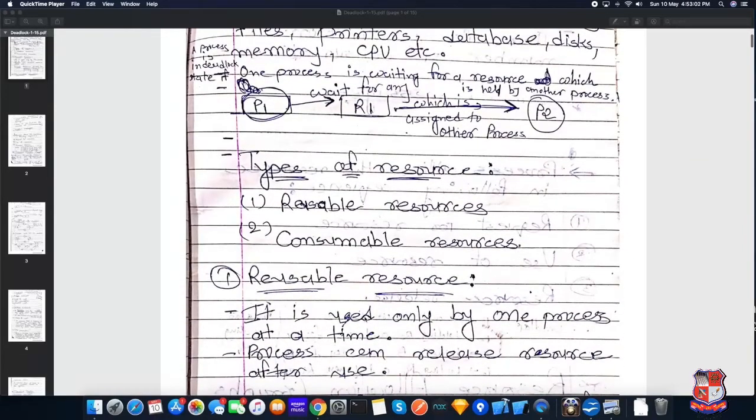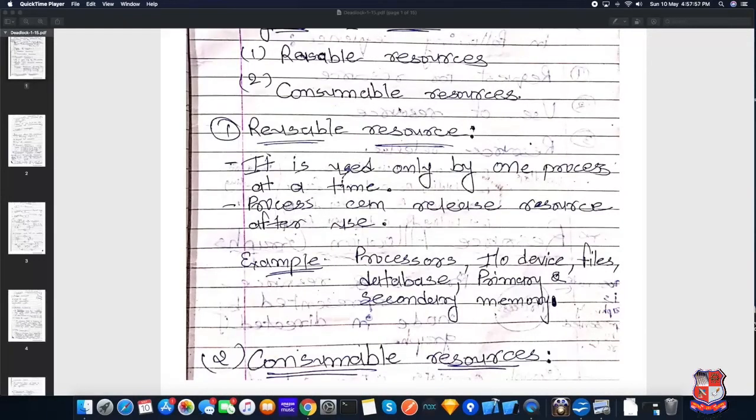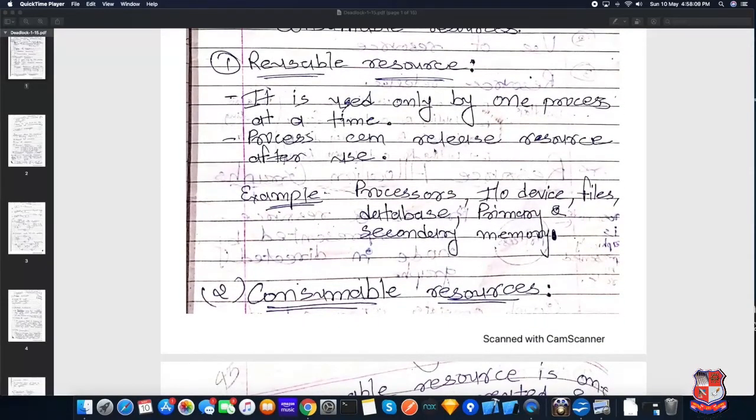Then the types of resource. The first type is reusable resource and the second one is consumable resource. What is a reusable resource? It is used by only one process at a time, and examples of the reusable resource are the processor, IO devices, files, database, primary memory, secondary memory.